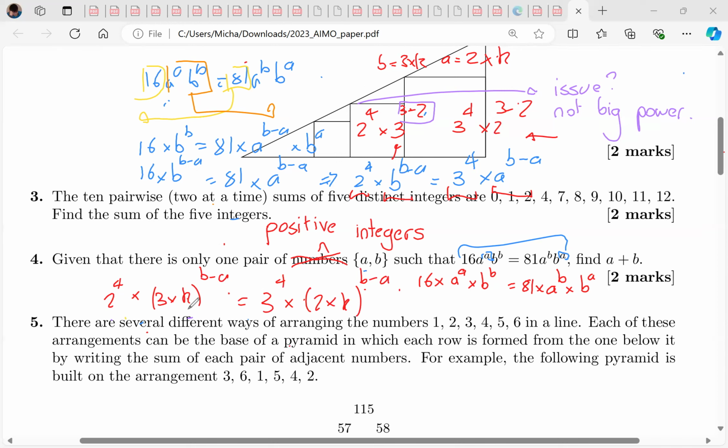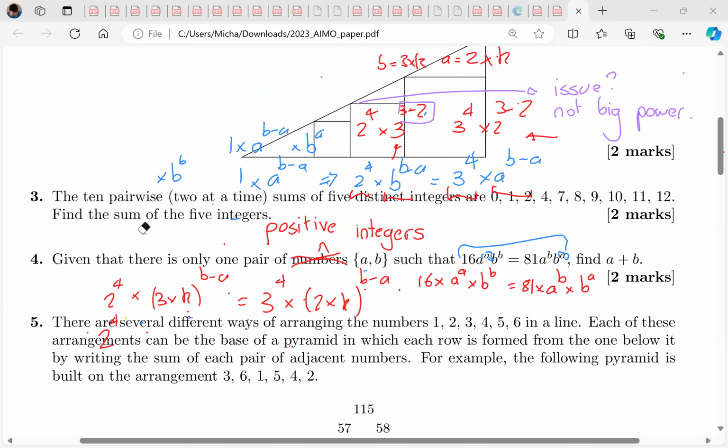Then you can expand the brackets and you get 2 to the 4 times 3 to the b minus a times k to the b minus a, equal to 3 to the 4 times 2 to the b minus a times k to the b minus a.